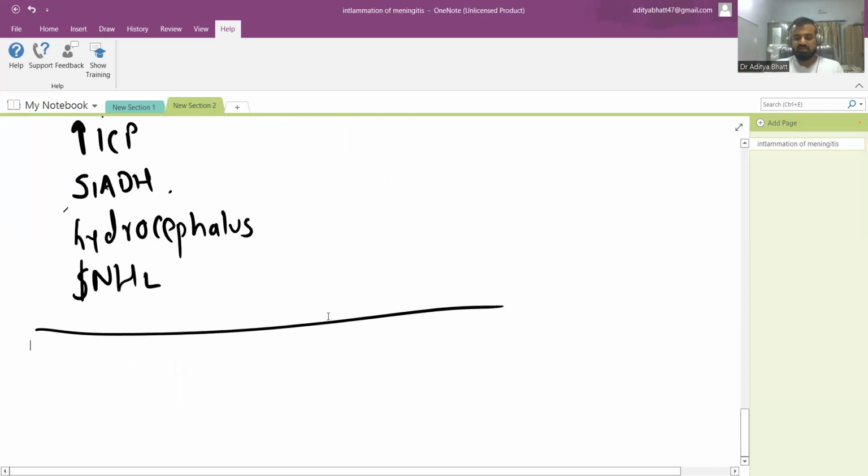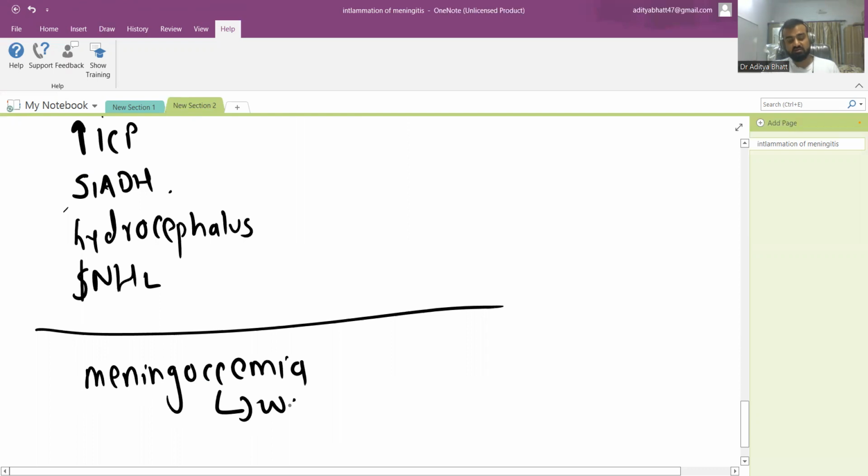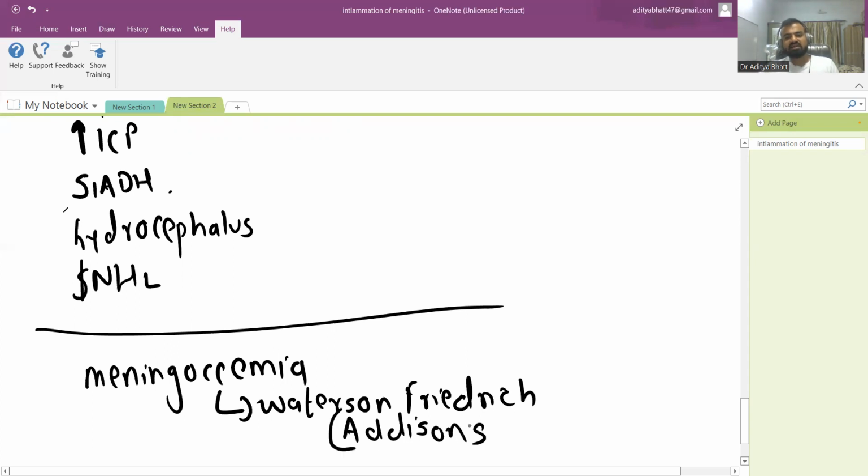Now, what are the clinical manifestations? We have seen everything. Just the extra thing I would like to tell you is that meningococcemia may cause something like Waterhouse-Friderichsen syndrome. In this there are signs of Addison's disease, and there is presence of rash or petechiae in meningococcal meningitis.